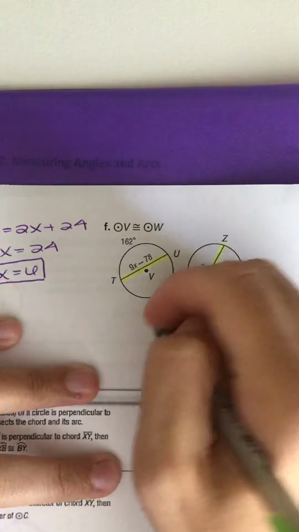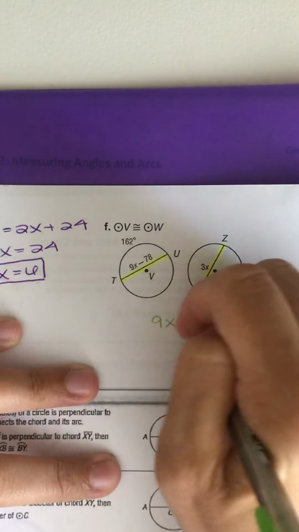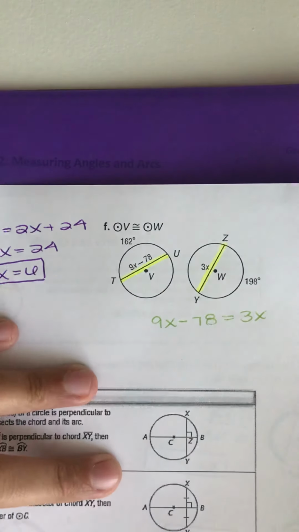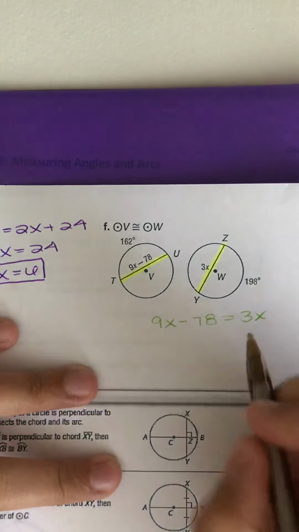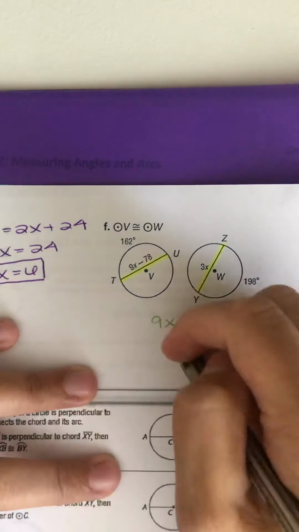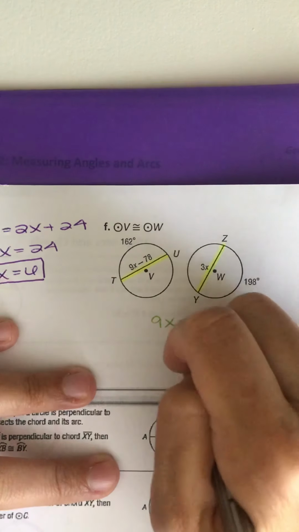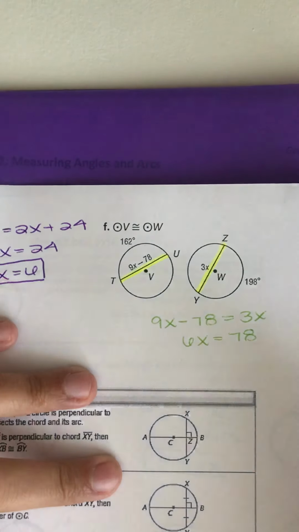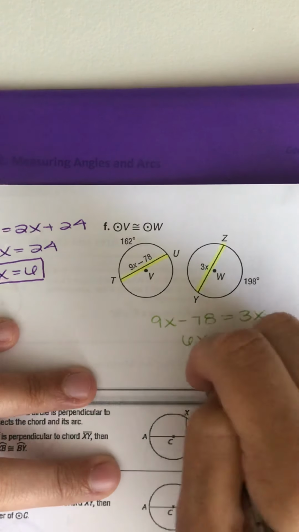So we have 9x minus 78 is equal to 3x. I'm going to bring this 3x over here and this 78 to the other side. So I have 6x equals positive 78. Divide by 6 and x is 13.